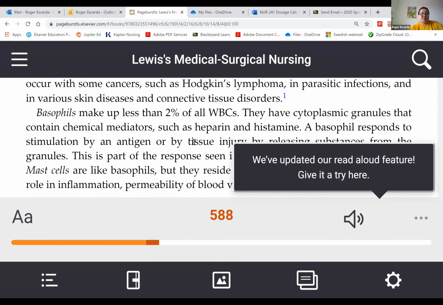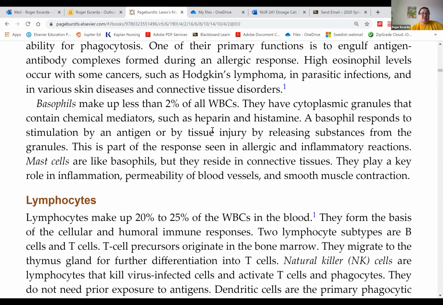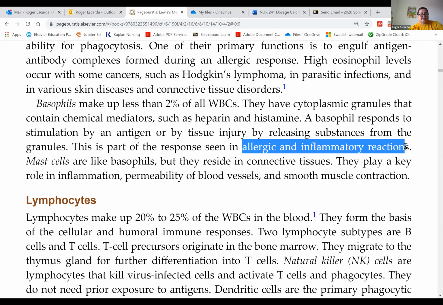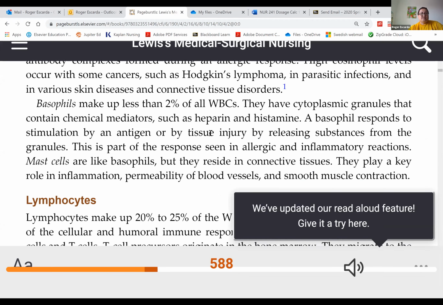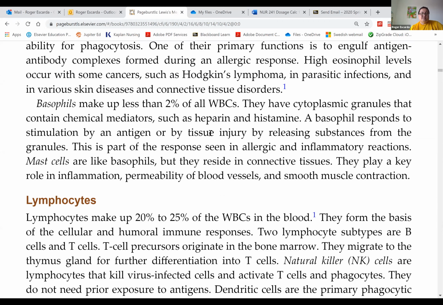Then the same thing for basos. When do you have an increase in basophils? These are also seen in allergic and inflammatory reactions. So you can't really say that because the patient's total WBC count is increased, that means they're experiencing an infection. Is that clear?